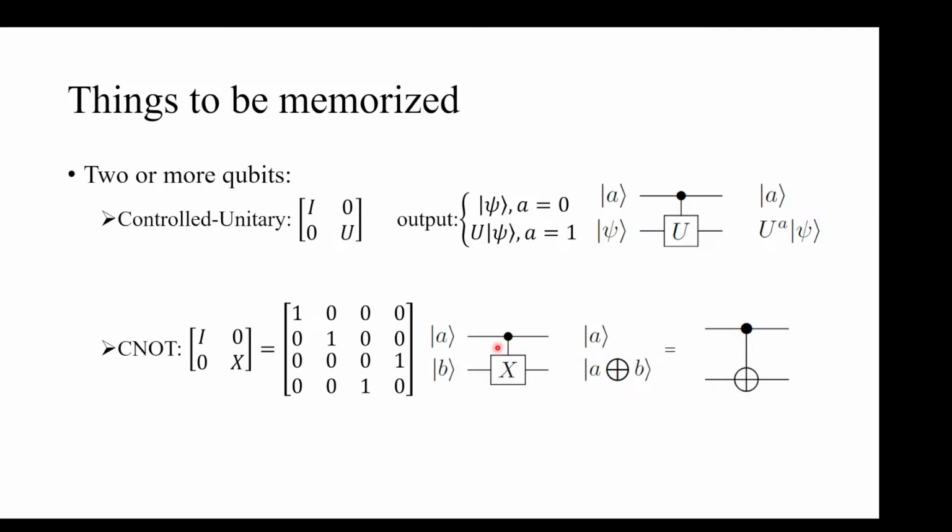So the control is written as a solid dot, and the unitary as this NOT gate, which is the X gate. But we also have a special notation where control NOT gate is just written as this. So you have a solid dot as your control qubit, and then the target qubit we write as this circle.